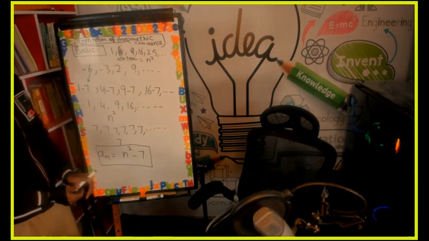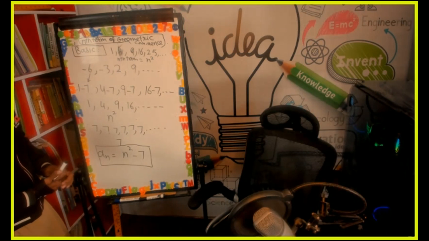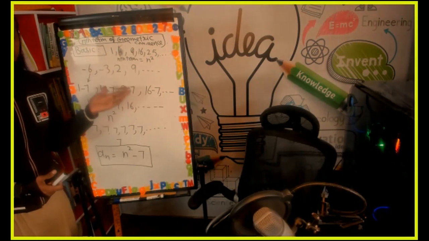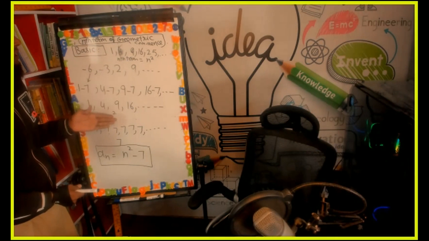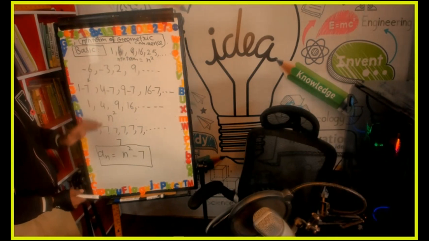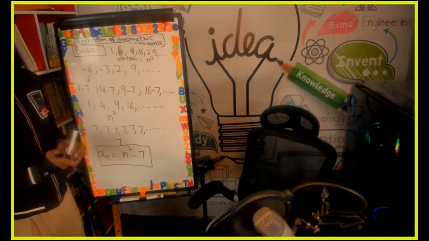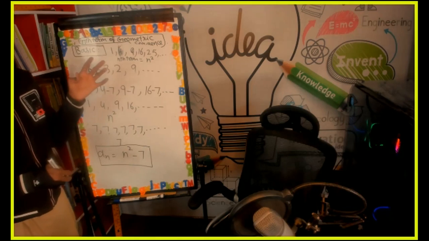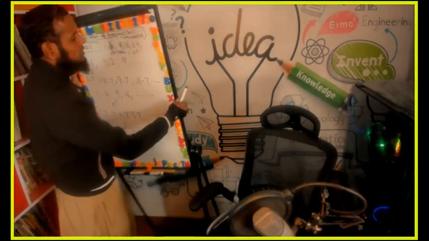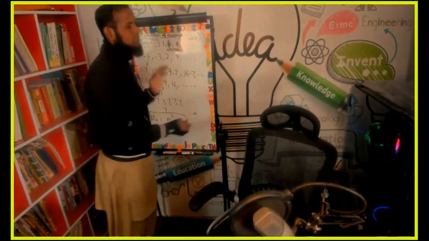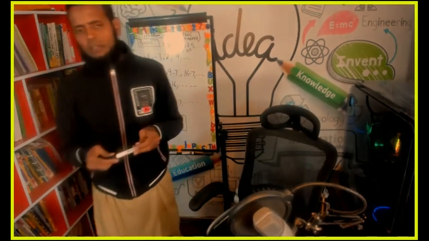I think this is clear to you. So I will assign some questions related to your basic concepts, some related to geometric sequences, and some related to quadratic sequences. You should be able to recognize and tell me the name of the sequence: quadratic, geometric, or arithmetic.